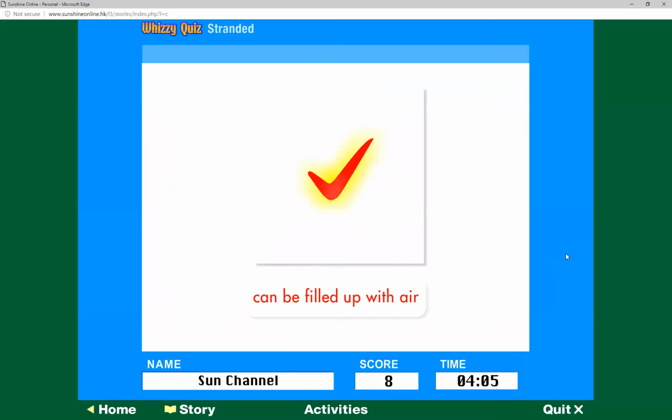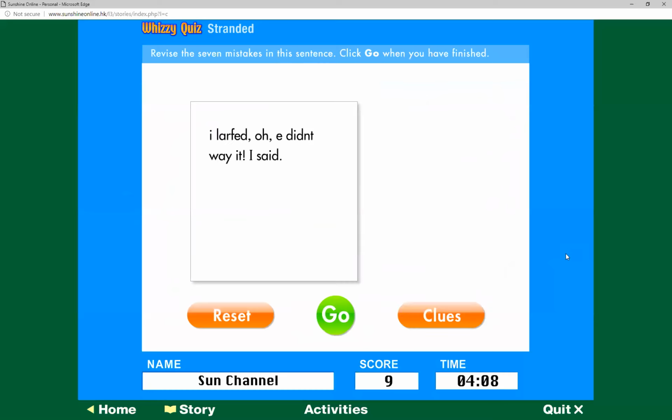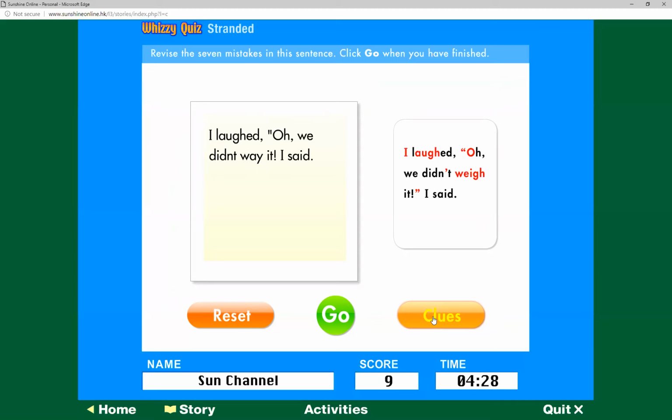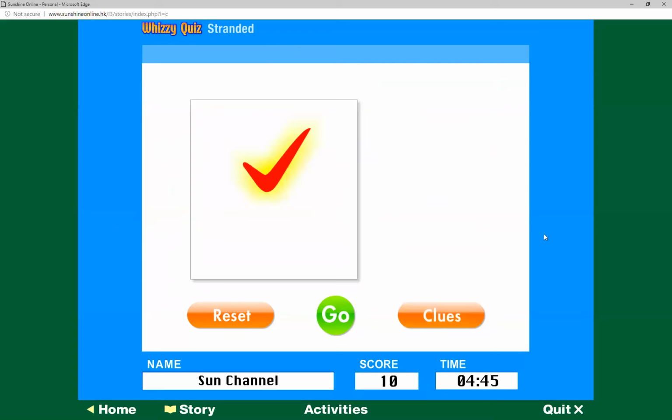Fantastic. Revise the 7 mistakes in this sentence. Click Go when you have finished. Fantastic.